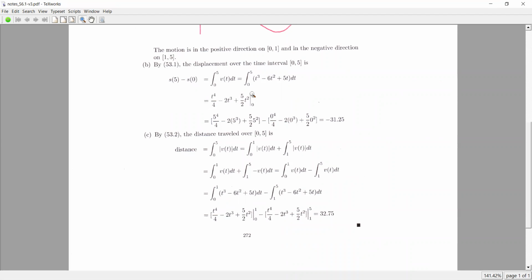Now, plug in the upper limit 5 in the t. Then we get this number. Minus, plug in the lower limit in the t. Then we get this number. This number minus this number is negative 31.25.